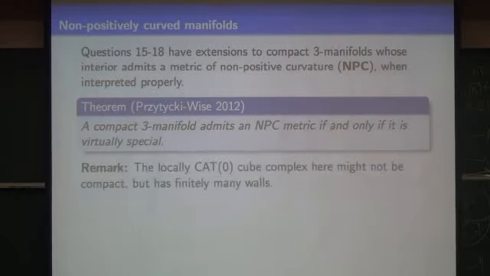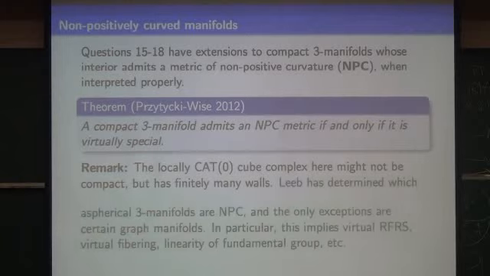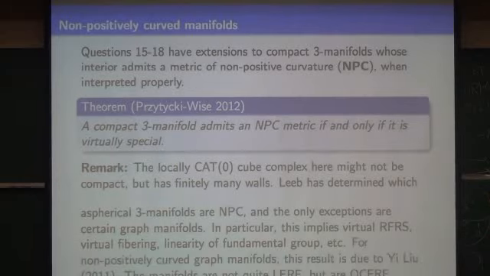But it still has finitely many walls, so by speciality it gives you an injection into a right-angled Artin group. Now Leeb has determined which aspherical 3-manifolds are non-positively curved. The only exceptions are certain graph manifolds. So in particular, this implies the virtual Rips condition, therefore virtual fibering. It implies linearity of the fundamental group, etc. All these conditions here.